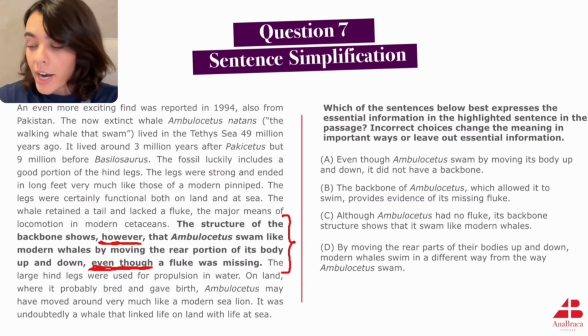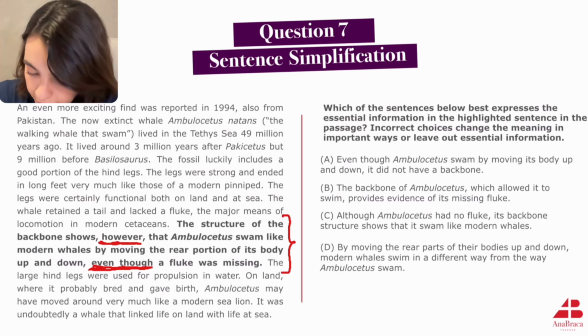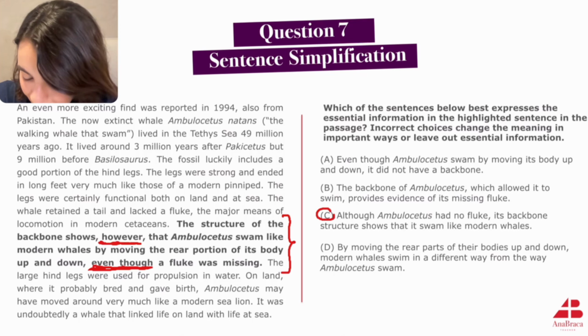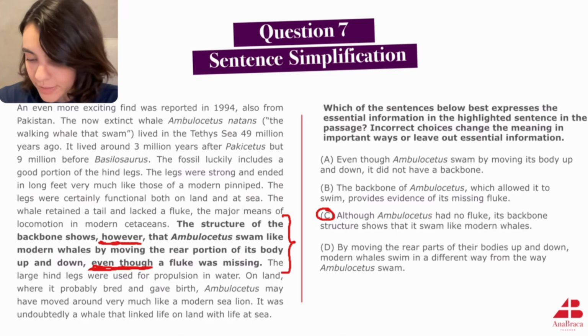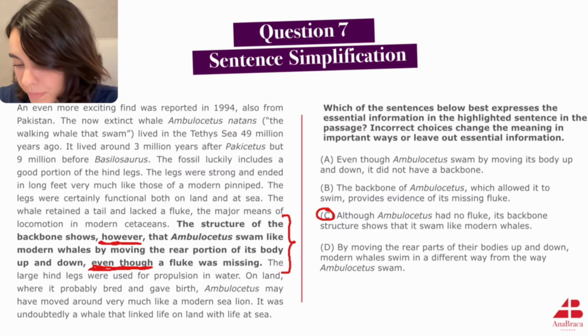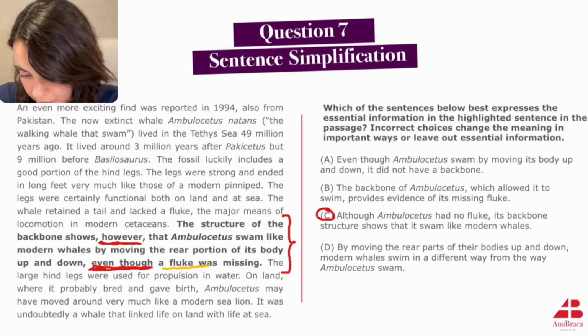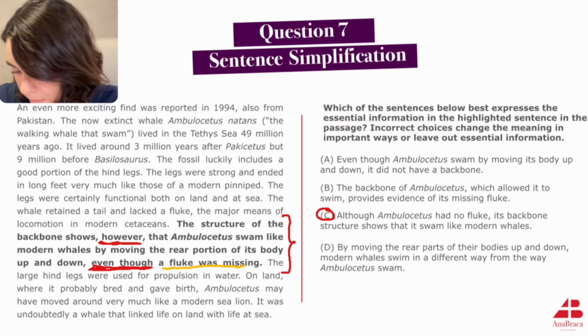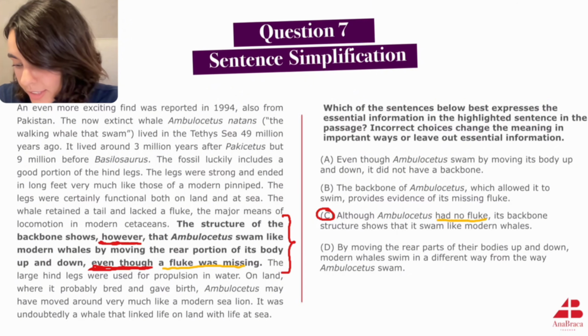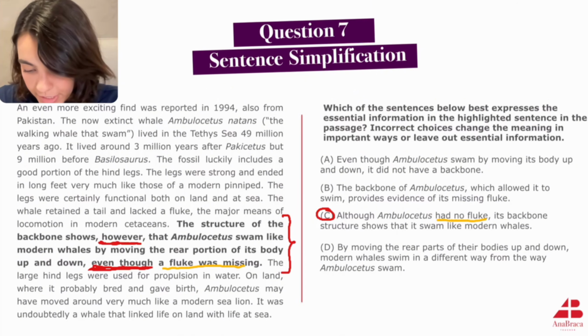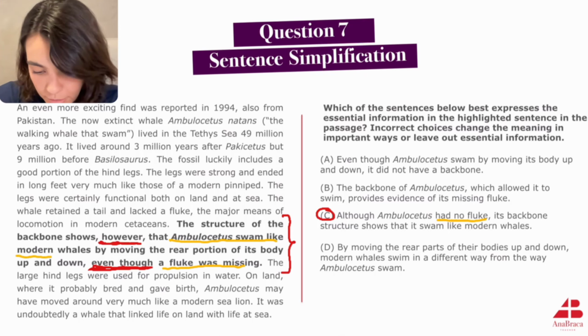The correct option here would be letter C. And it's clearly testing the way you use connectors. The answer is, although Ambulocetus had no fluke, a missing fluke here, right? Fluke was missing, so no fluke. Its backbone structure shows that it swam like a modern whale, and the answer is here: swam like modern whales.